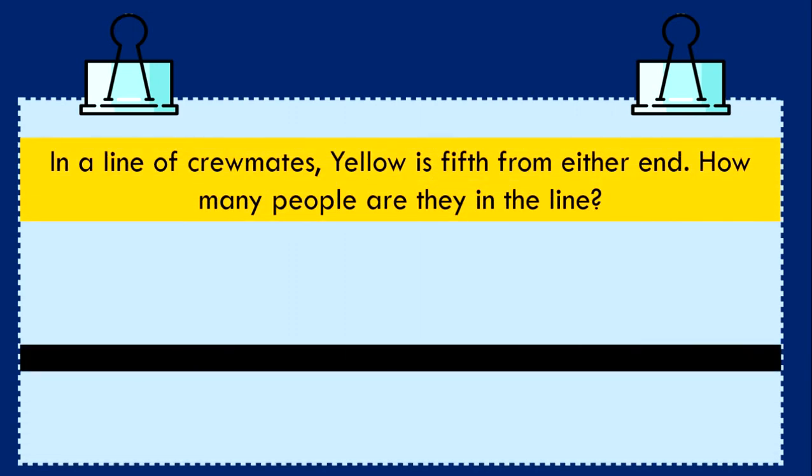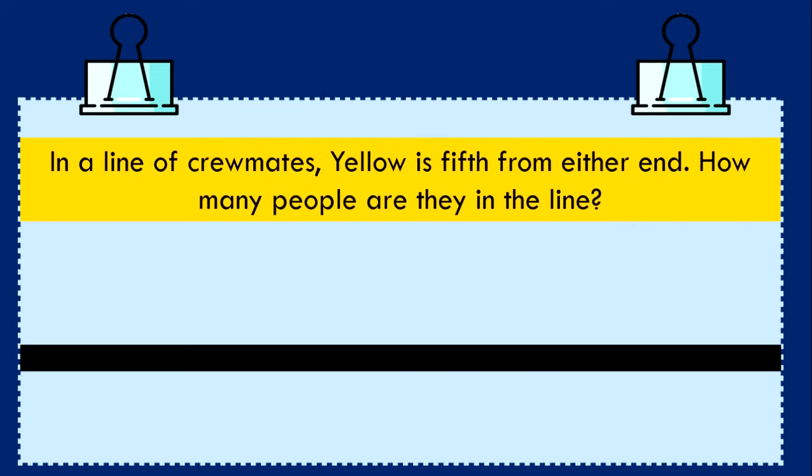Let's have another problem. In a line of crewmates, yellow is fifth from either end. How many people are there in the line? In dealing with problem solving like this, we need to take note of the keywords stated in the problem.